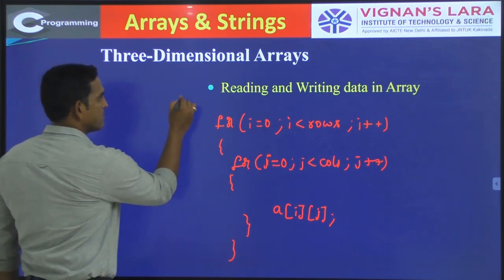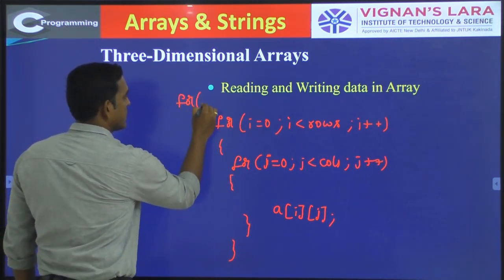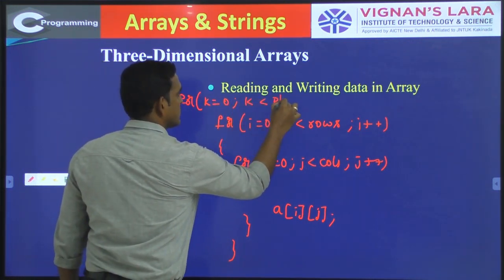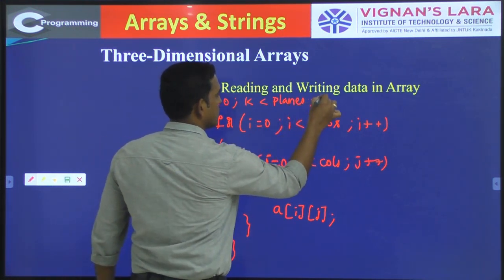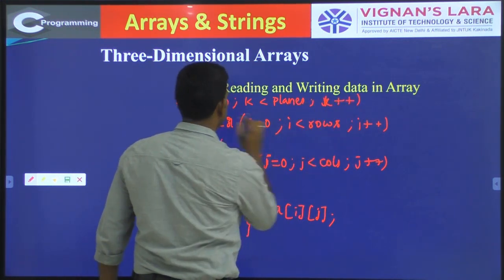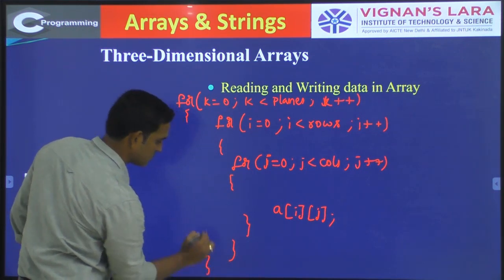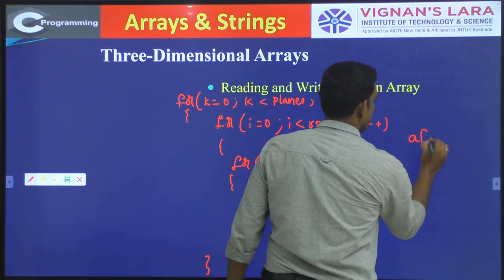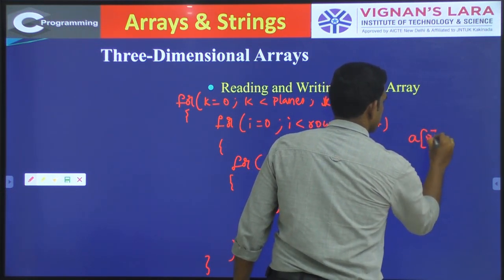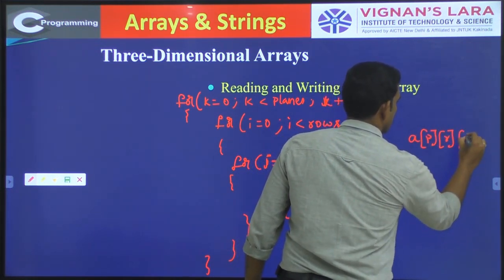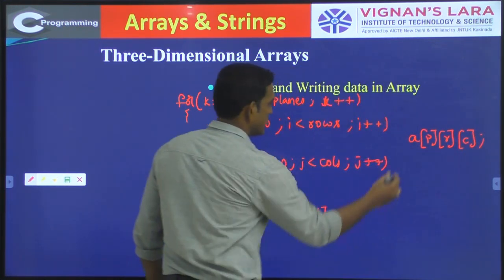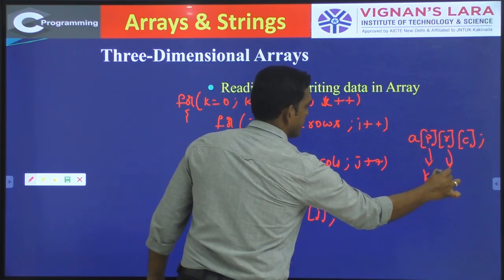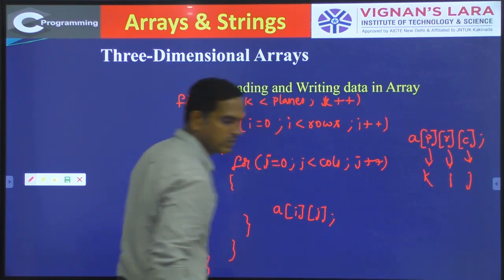If I want the 3rd dimension, I will be specifying for k equal to 0, k less than the number of planes you are having, k plus plus. Don't get confused by this. If you are having your array in this manner, that is planes, rows, columns, in this example I have represented planes with k, rows with i and columns with j.